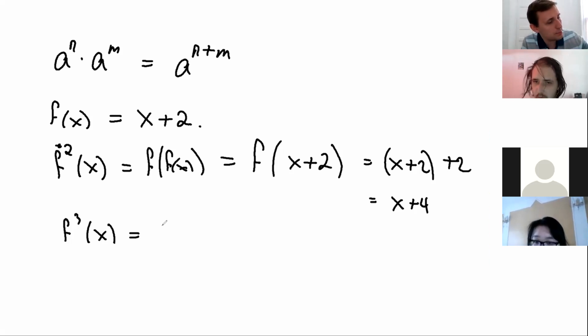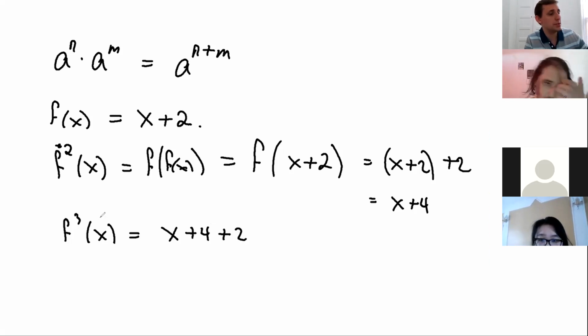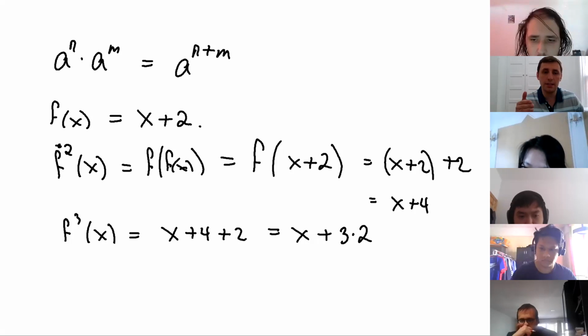So this is x plus 4 plus 2. It's really the previous function plus 2, so it's x plus, you might even notice the pattern, 3 times 2. Better to do it this way. Do you see why? I don't need to over-explain. Yes, it means that f has eaten f that has eaten an f.